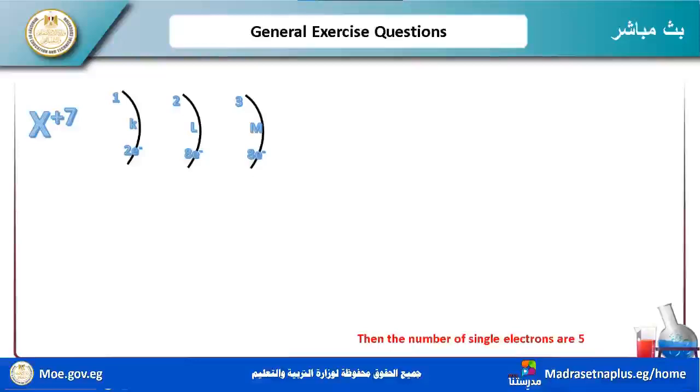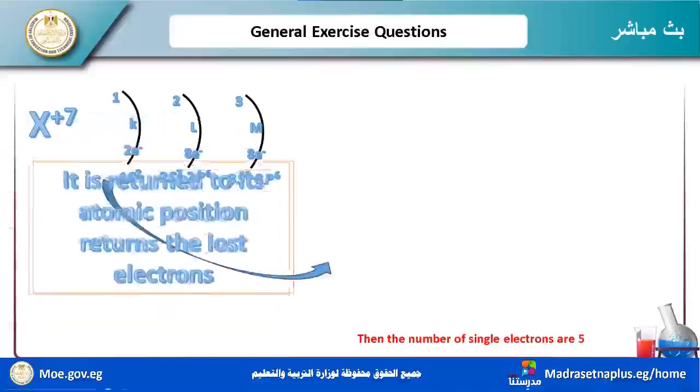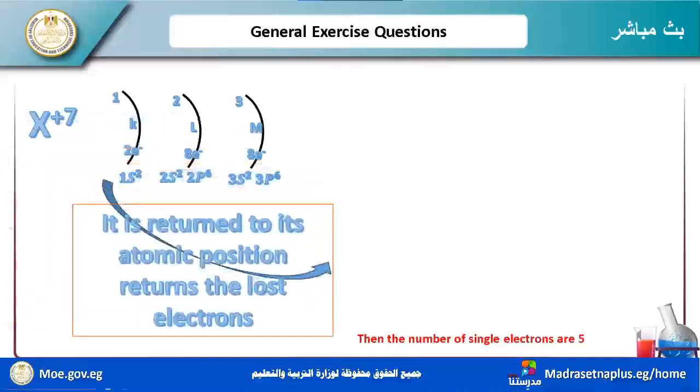Now this is X positive 7. We want to know the number of single electrons, and for that we need the sublevels. This is the ionic electronic configuration, and it returns to its atomic configuration by returning the lost electrons.